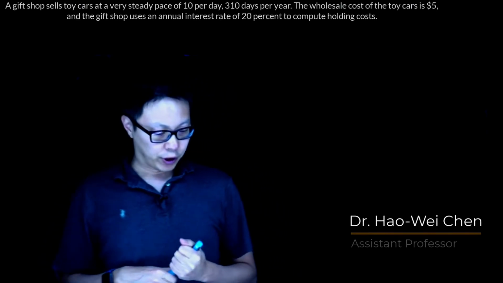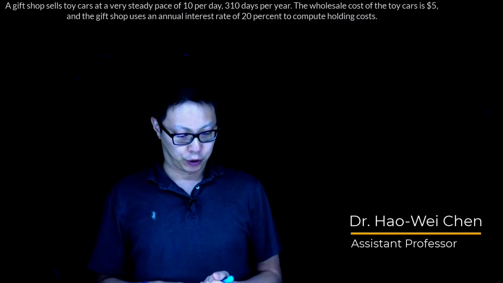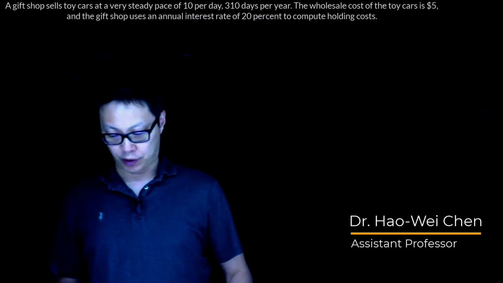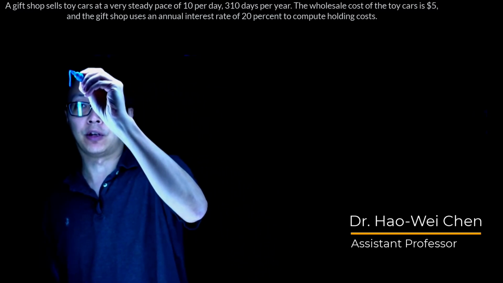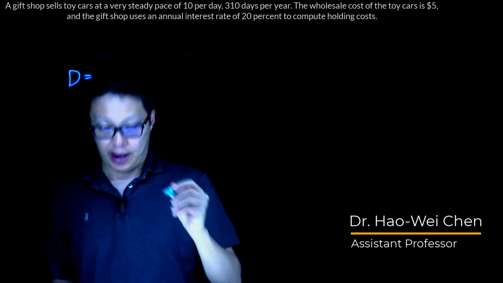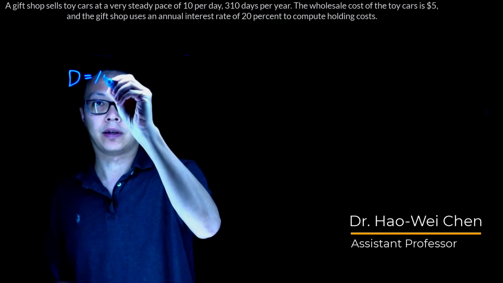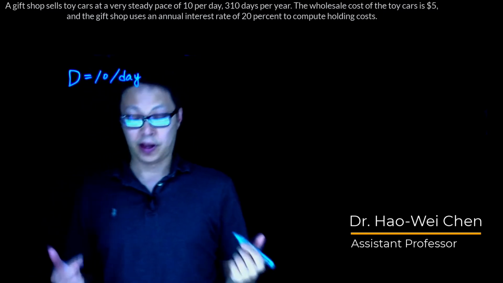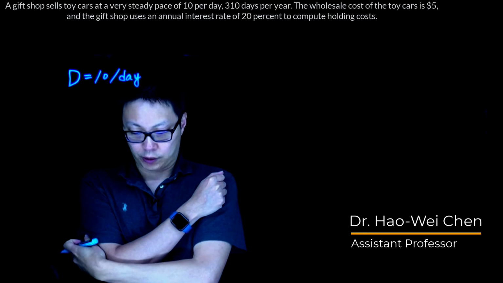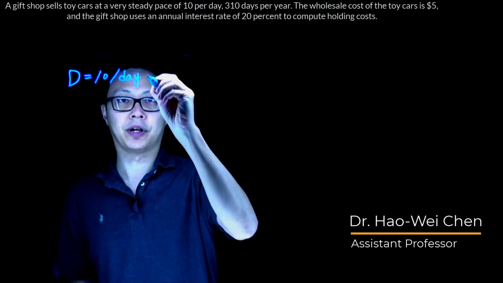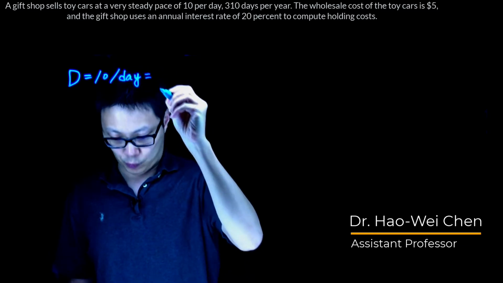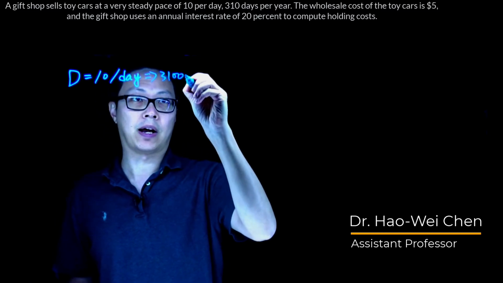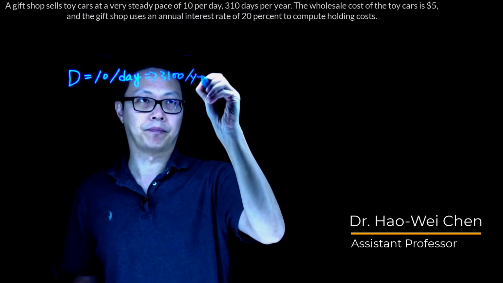Okay, so for this question, the first thing we want to do is to write down everything we know. Initially, we know the demand, and we use D to denote the demand. Demand will be 10 per day. Since there are 310 days per year, our demand will be equal to 3,100 per year.